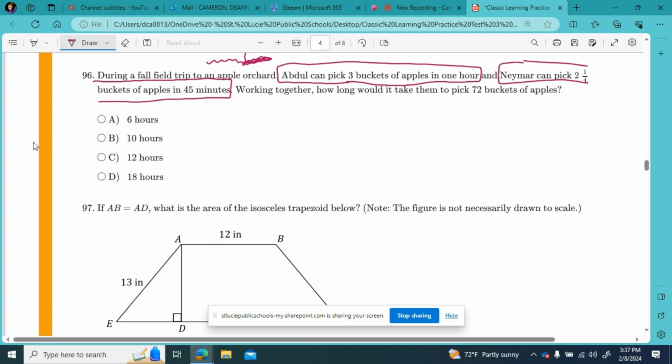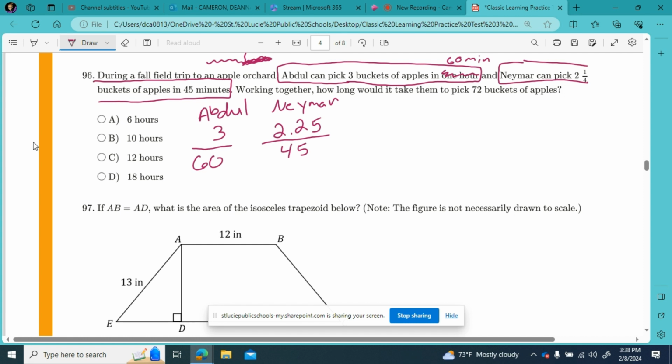So Abdul can get 3 buckets in 1 hour, and 1 hour is worth 60 minutes, while Neymar can get 2.25 buckets in 45 minutes.